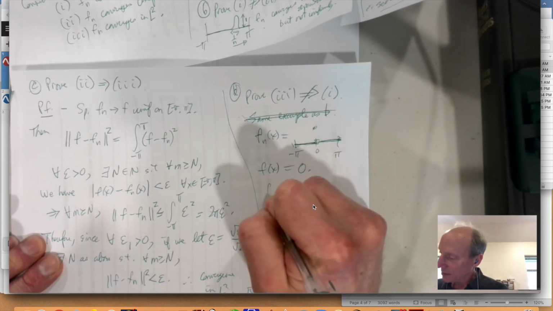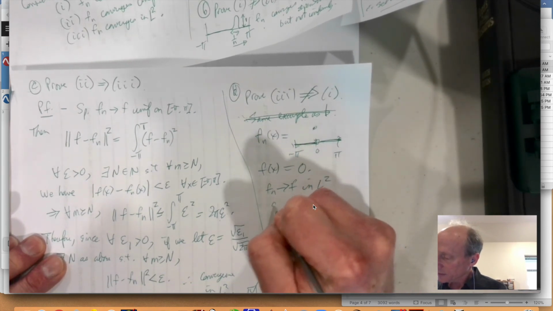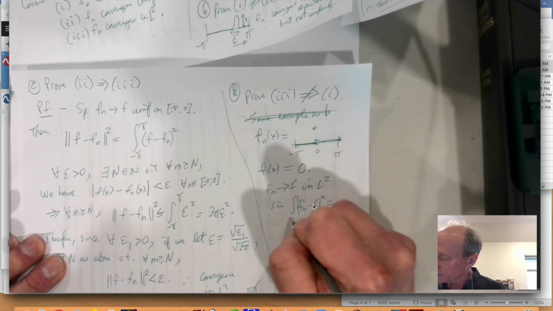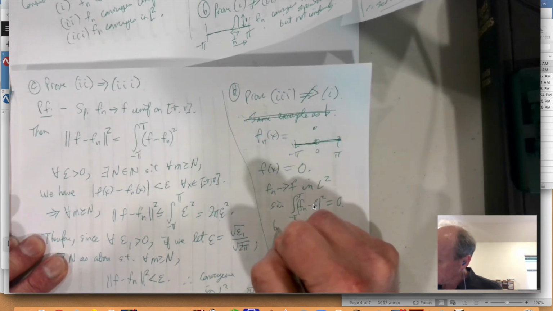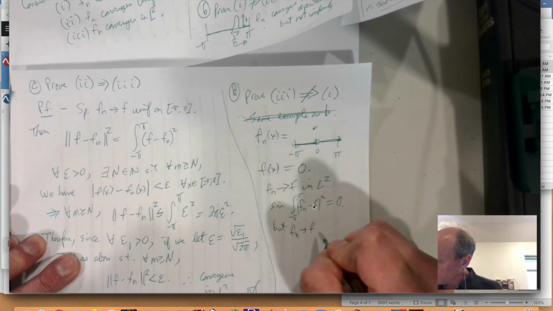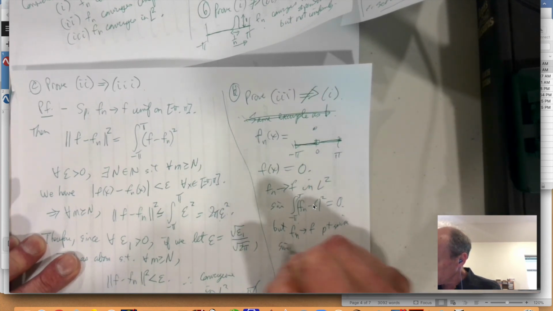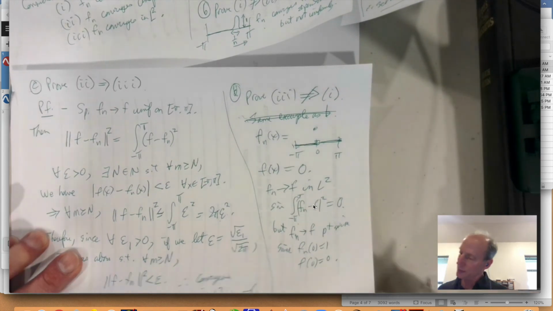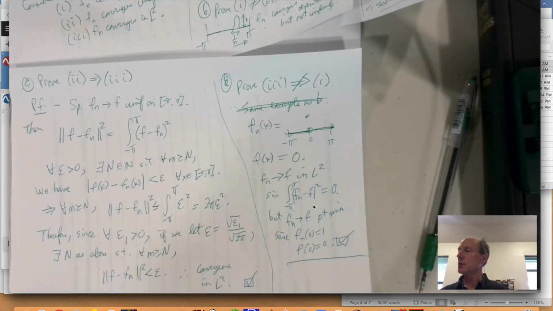So fn converges to f in L2, since the integral of fn minus f squared equals 0, because it's only non-zero at one point, but fn does not converge to f pointwise, since fn of 0 equals 1, f of 0 equals 0. Okay, so that's a good example. Well, so we took care of that stuff.